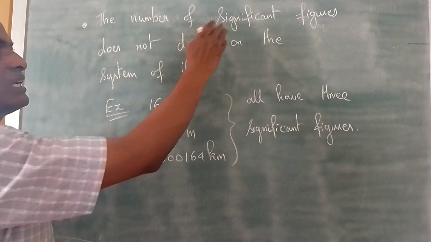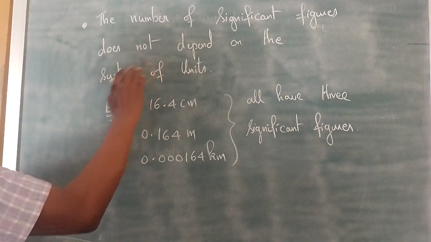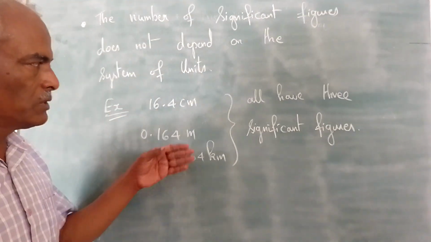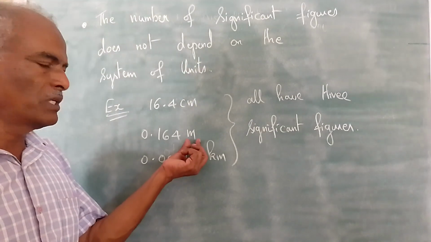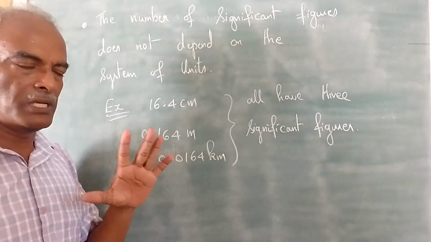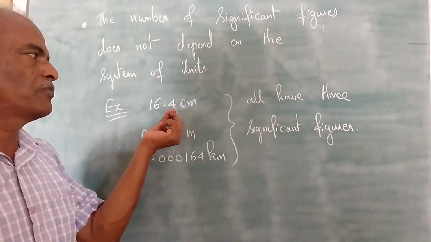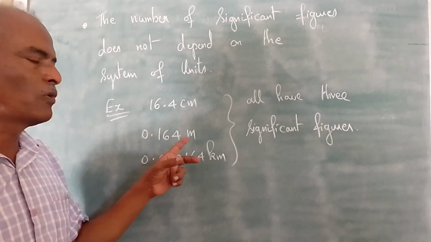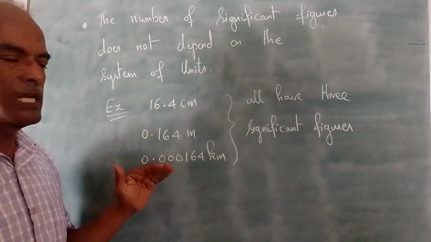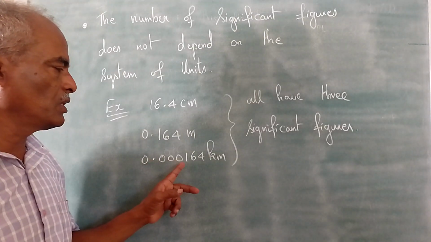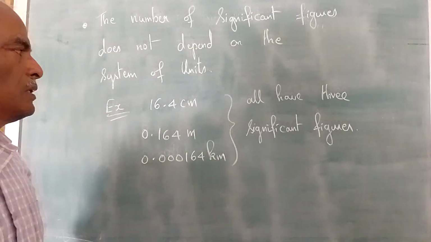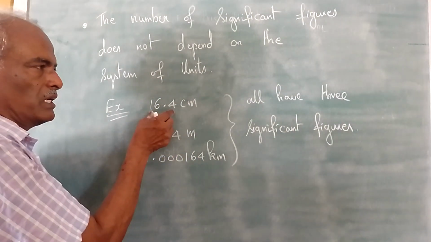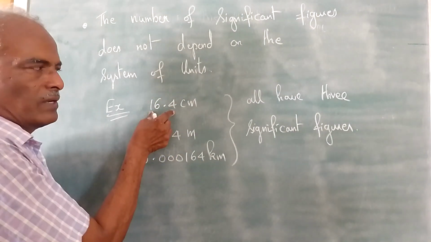The number of significant figures does not depend on the system of units. We have three examples: one is centimeter, another is meter, another is kilometer. The same data, 16.4 centimeter, equivalently can be written as 0.164 meter, and equivalently as 0.000164 kilometer. Whatever the units, it is three significant figures.